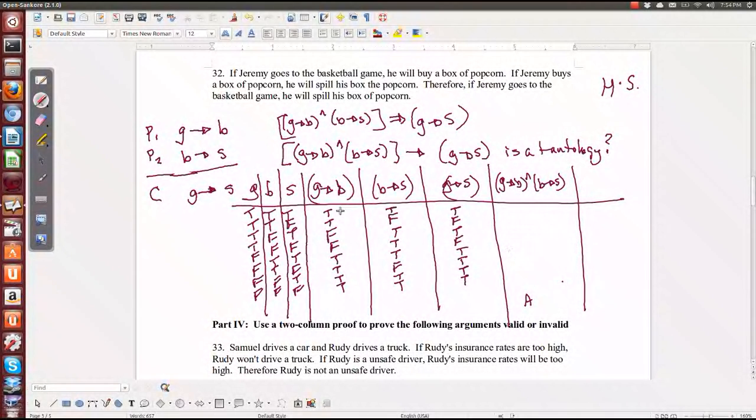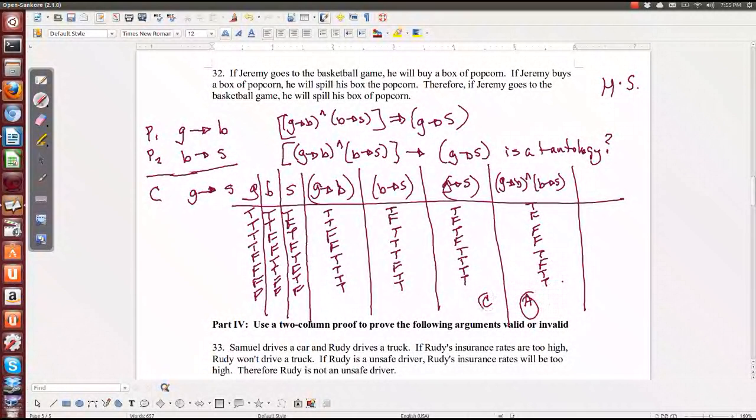That happens on the first row, the fifth row, the seventh row, and the eighth row. So I'm going to have T, F, F, F, T, F, T, T. And this is my antecedent.